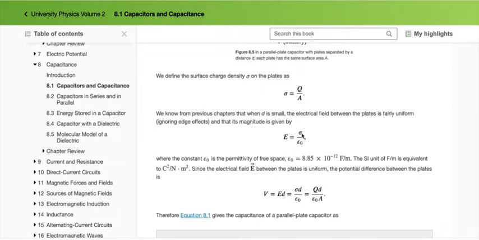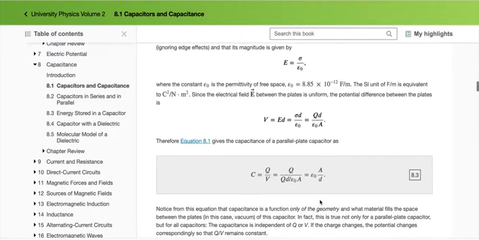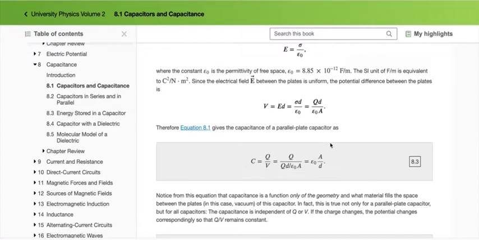So now just doing some plug and chug, we get V equals Qd over epsilon naught A. And by definition, capacitance is Q divided by V. So that develops this formula for the capacitance of a parallel plate capacitor, epsilon naught A over d.